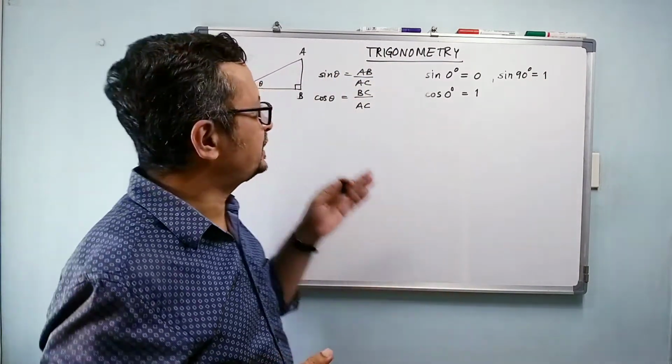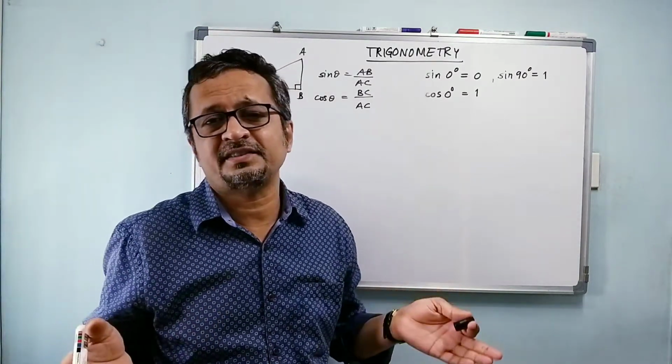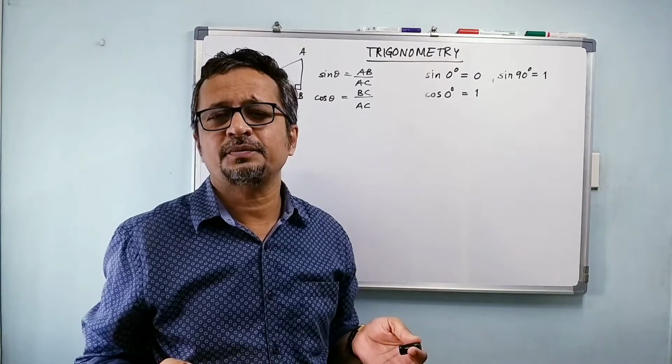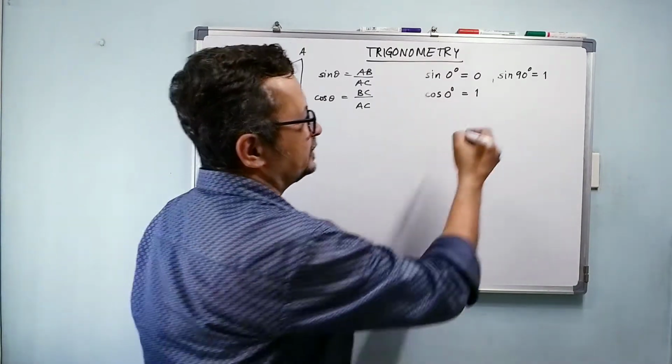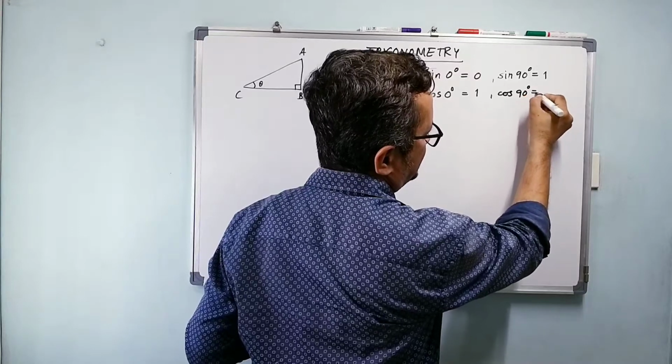Obviously when my theta is 90 and my opposite side becomes the hypotenuse, what is going to be my adjacent side? Is it not going to be equal to 0, right? So cos of 90 degree is equal to 0.